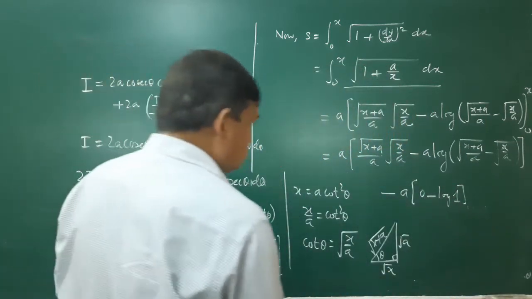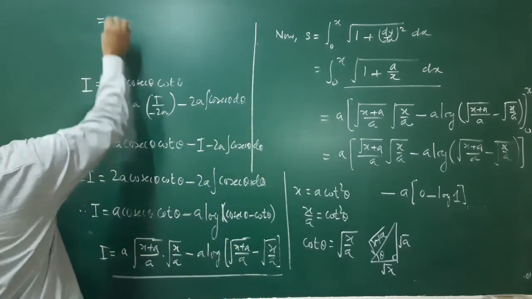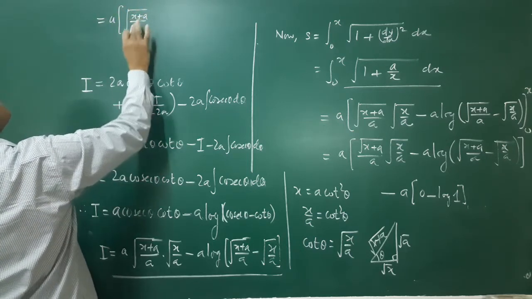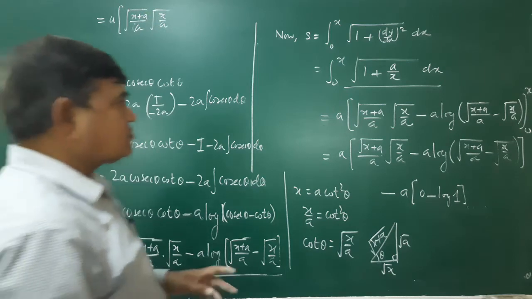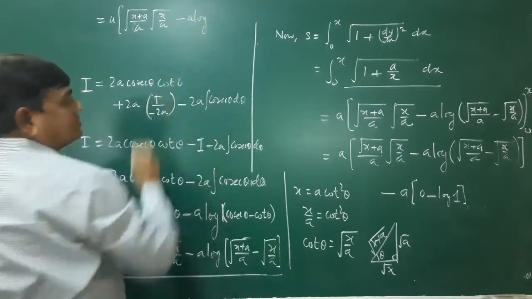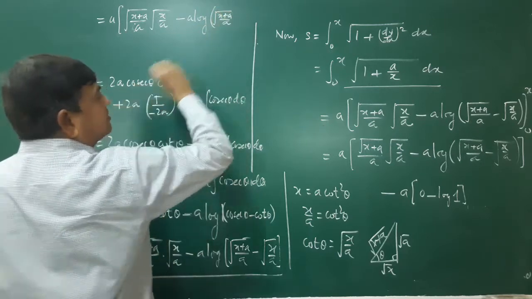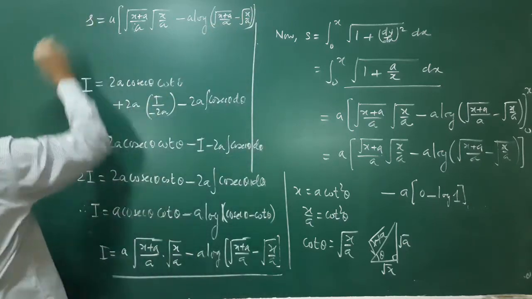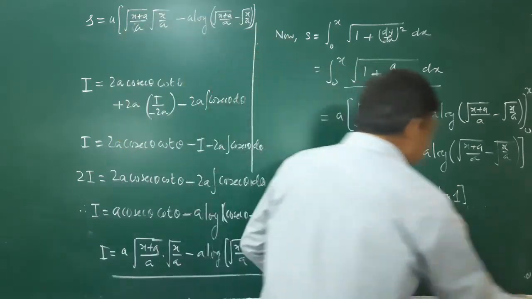So we get the answer: a root x plus a upon a root x by a minus a log of root x plus a upon a minus root x by a. Again, I am telling you this is time consuming. So log 1 is 0.